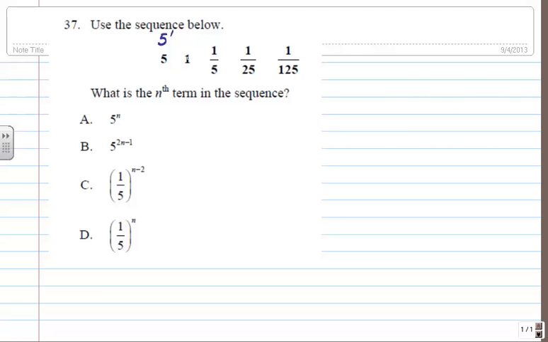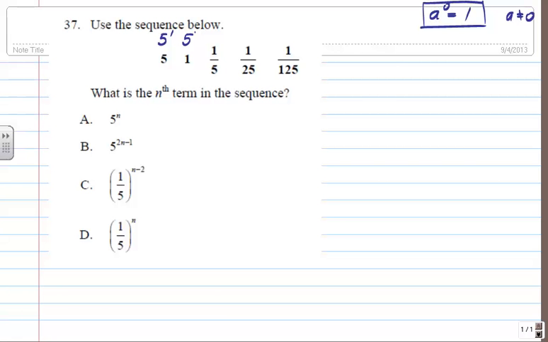How can I write 1 as a power of 5? Well, everybody should remember the main rule: if you have a number a to the power of 0, and a has to be different than 0, that is always 1.